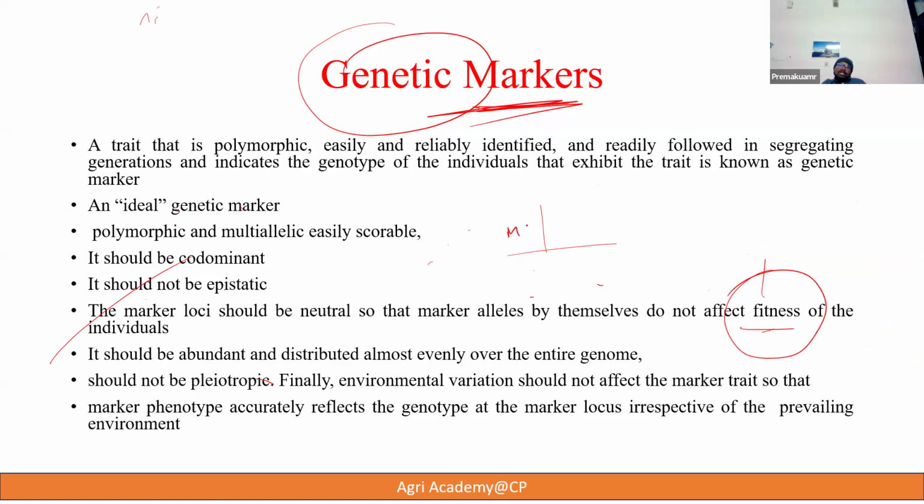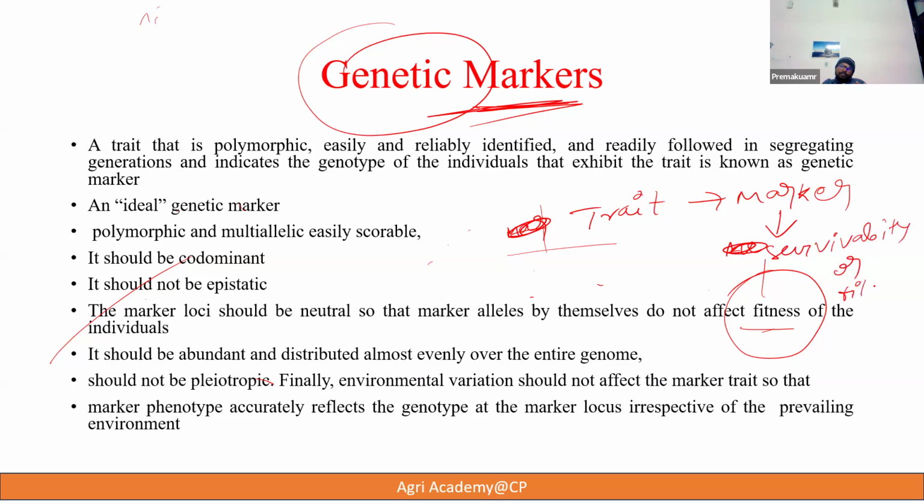For example, if the marker is one trait you are selecting as a marker, but that marker is very much essential for the survivability or fitness of an individual, then you can't use this trait as a marker because it will affect.